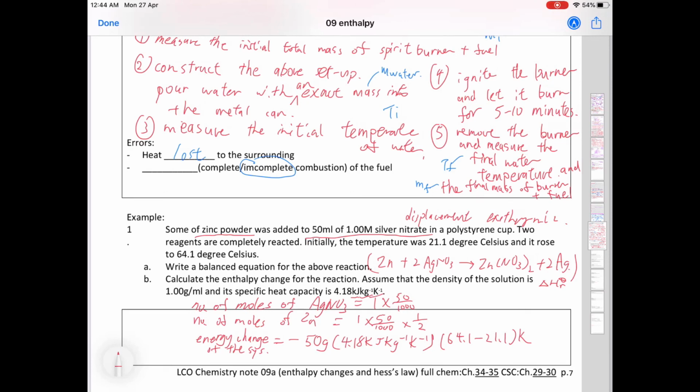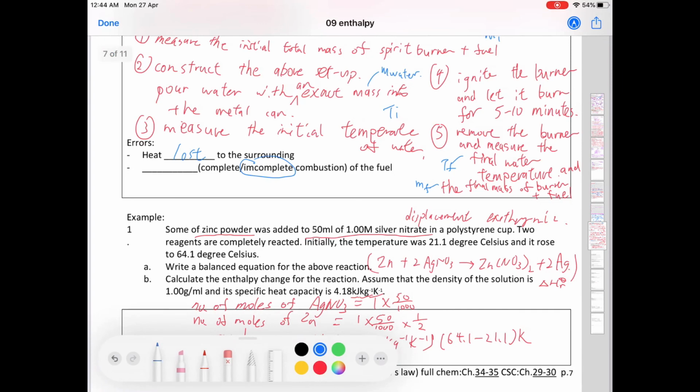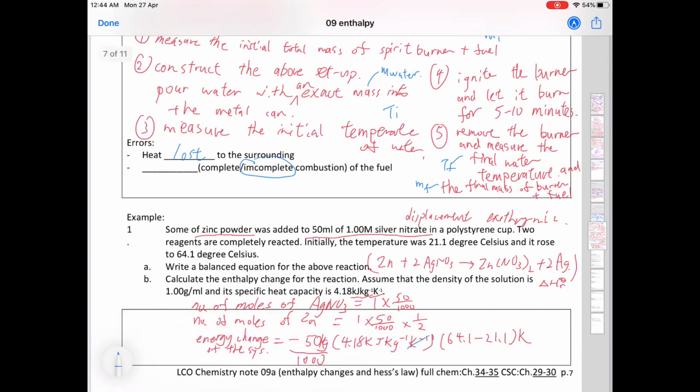So for the first term, you have to divide it in order to convert it into kg, so that the units can be cancelled out. First of all, K can be cancelled out, and then kilogram can be cancelled out. Only the kilojoule term is left.